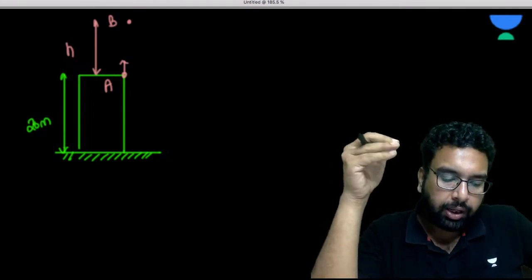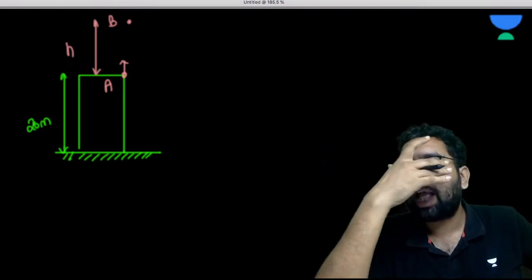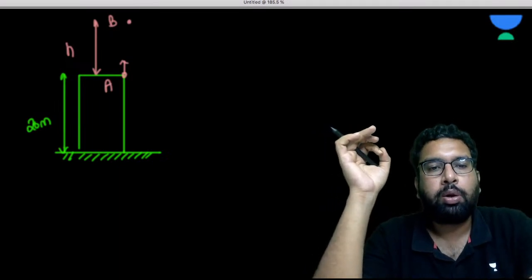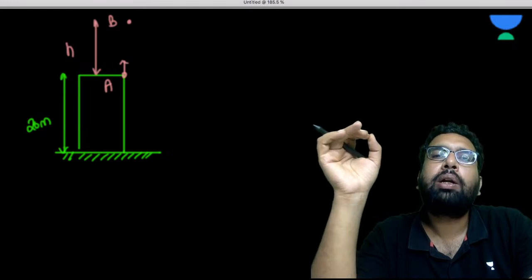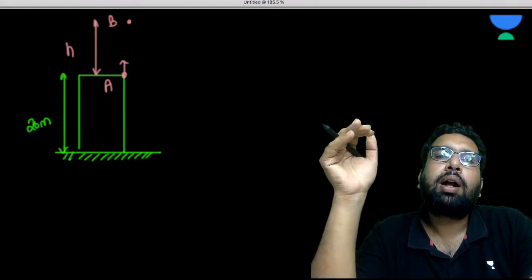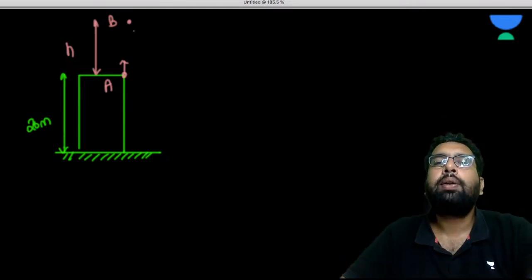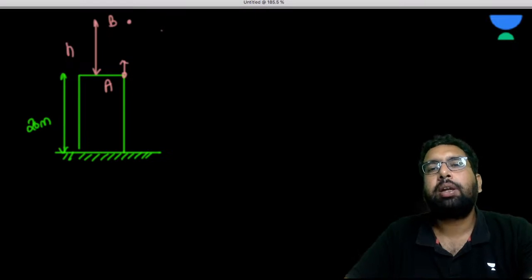So its velocity is going to decrease with time, and there will be a moment at which its velocity in the vertical direction is zero. At that moment, it is going to start its descent, the downward motion. So when the maximum height is reached, the velocity becomes zero.